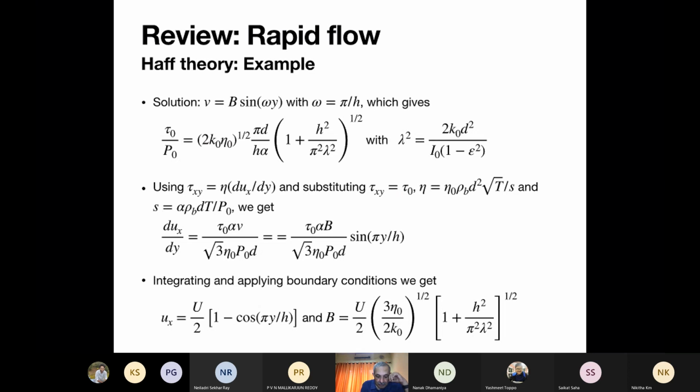So we did all this. And we got the velocity gradient to be just given by this expression, where the velocity gradient is proportional to the fluctuation velocity.